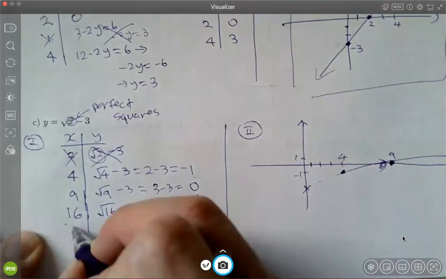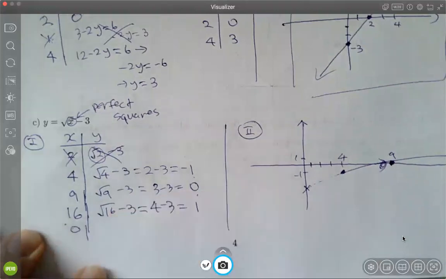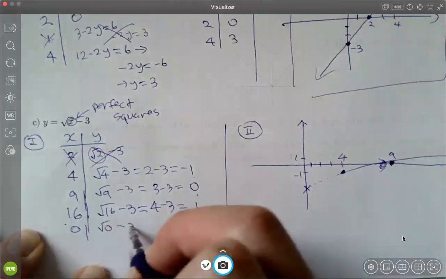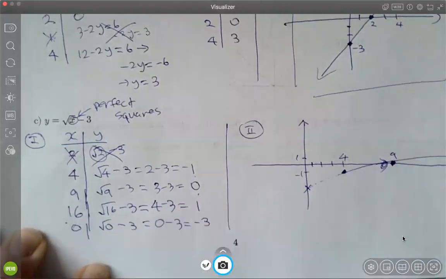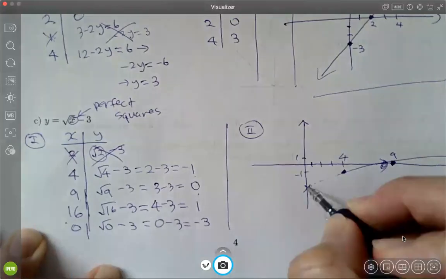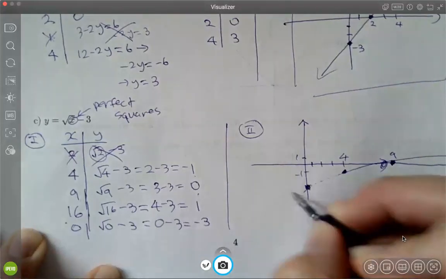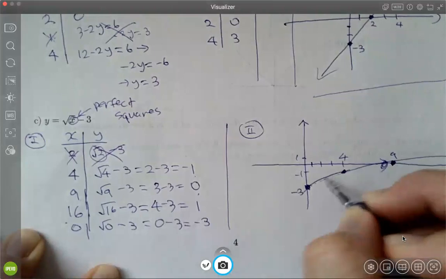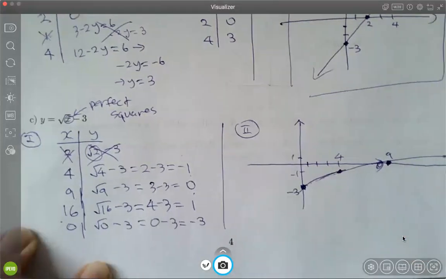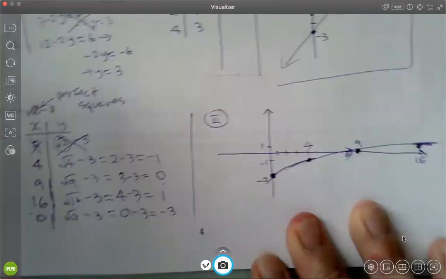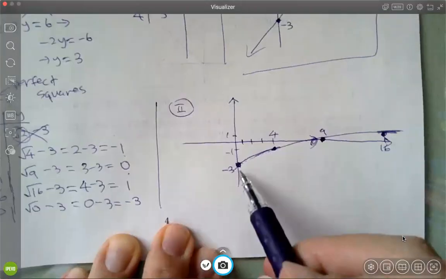Now, can x be equal to 0? Let's see. So square root of 0 minus 3, right? And what is that? 0 minus 3, so that's equal to -3, right? So what does that mean? This point is equal to -3, and that is the anchor point of this graph. Okay, and then remember, the graph does not extend beyond this point, right?